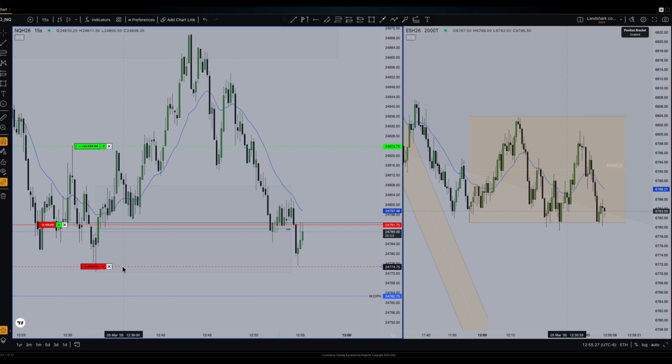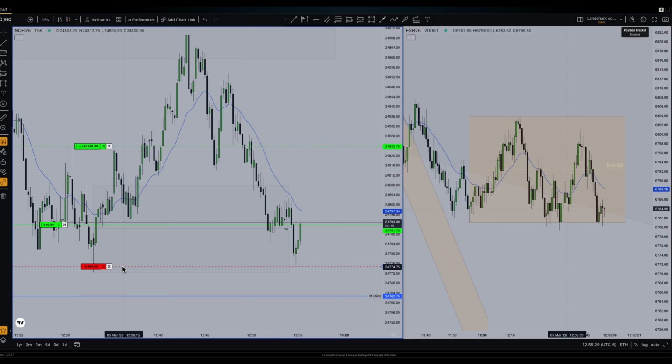Last 5 minutes of a 15-minute candle. See if we put in a wick at the low here.